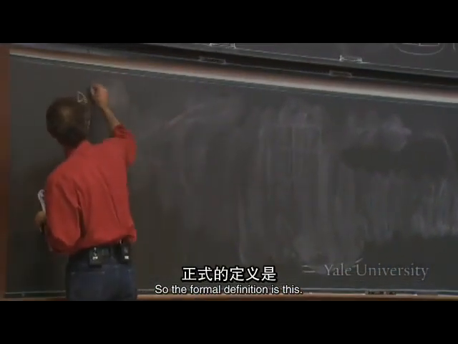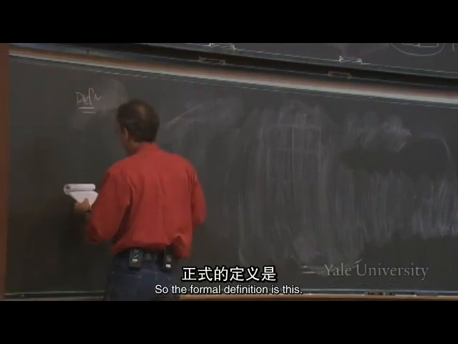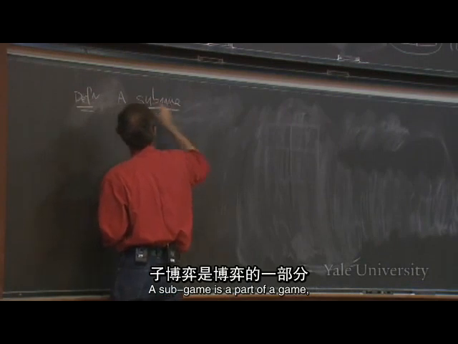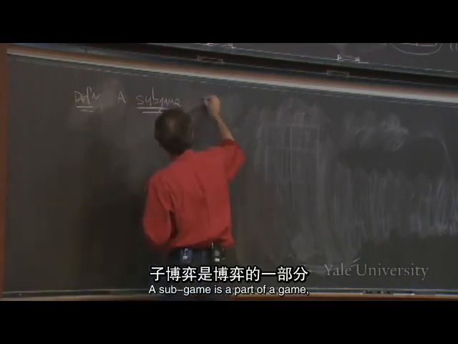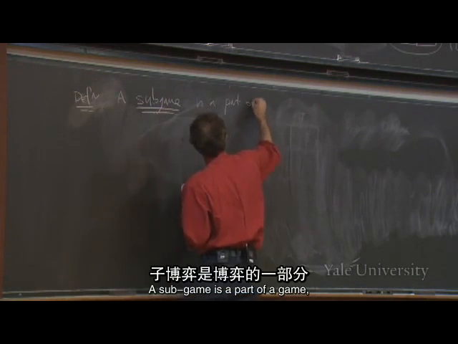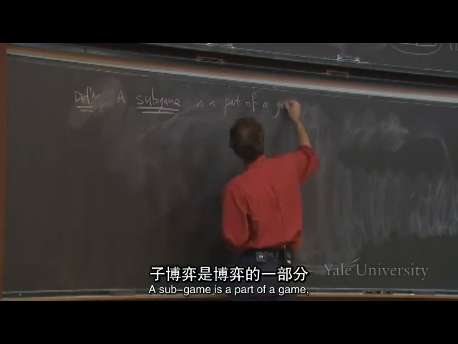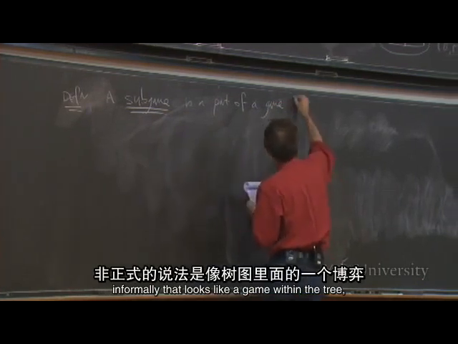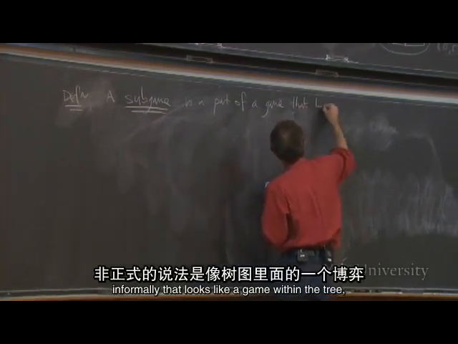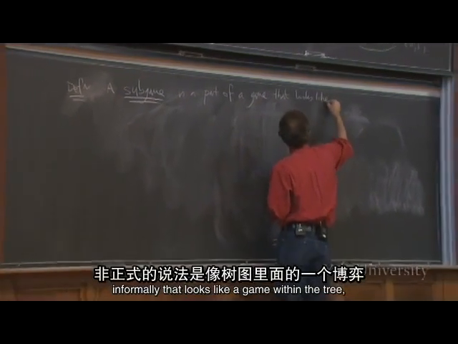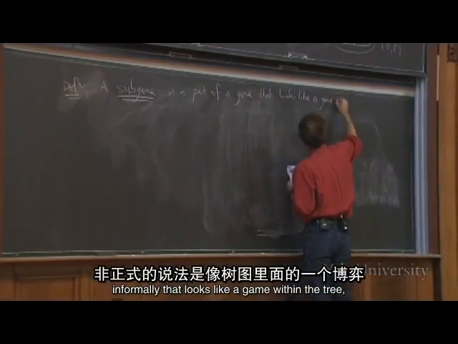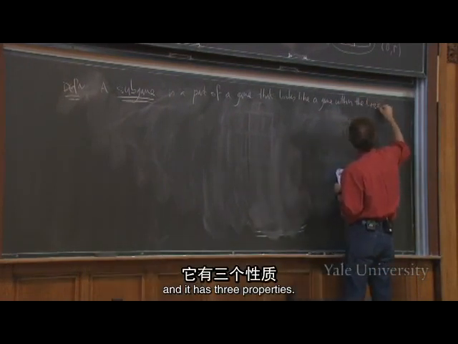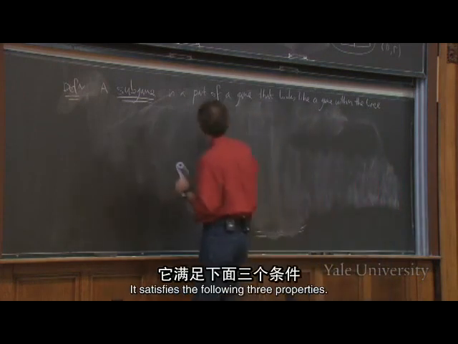So the formal definition is this. Definition: a sub-game is a part of a game that informally looks like a game within the tree. And it has three properties.